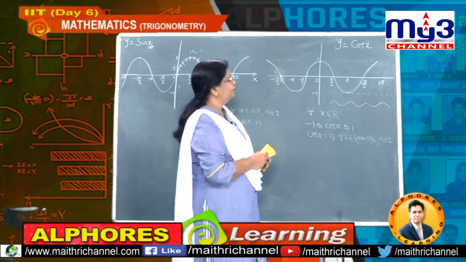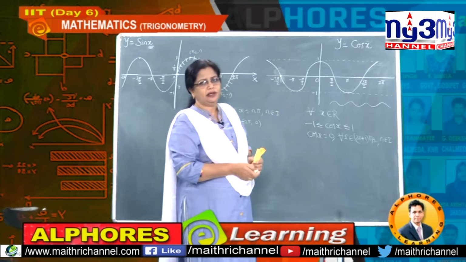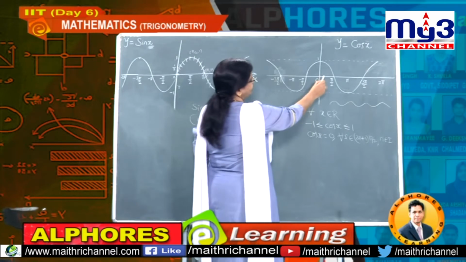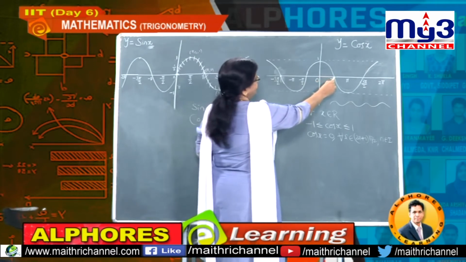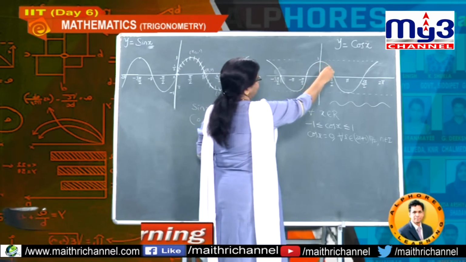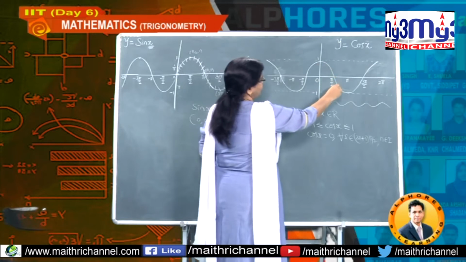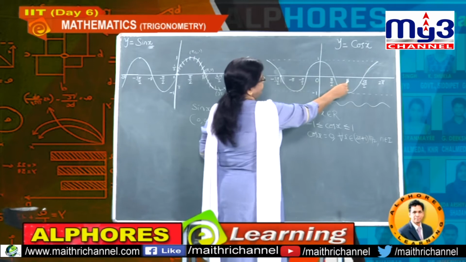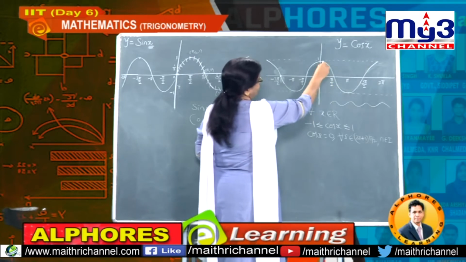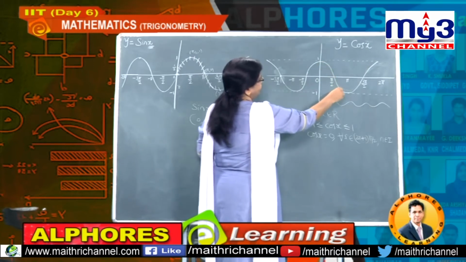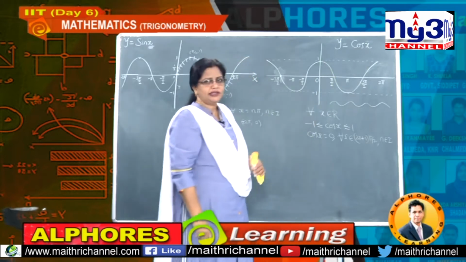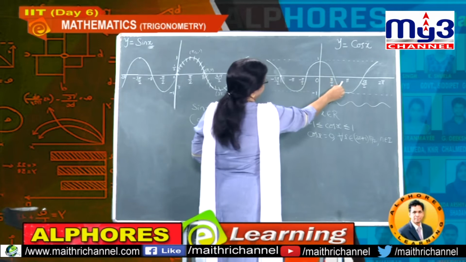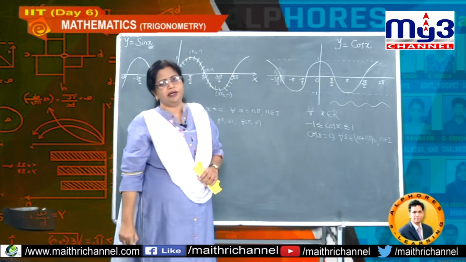And later you observe the increasing and decreasing nature. Observe here clearly, as long as x is increasing, correspondingly y values are decreasing, and this you can observe throughout from where to where? 0 to pi. So from 0 to pi the cosine function is a decreasing function. Understand students? 0 to pi means nothing but first quadrant, and this comes under second quadrant.